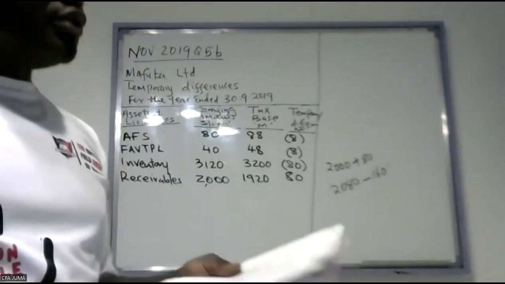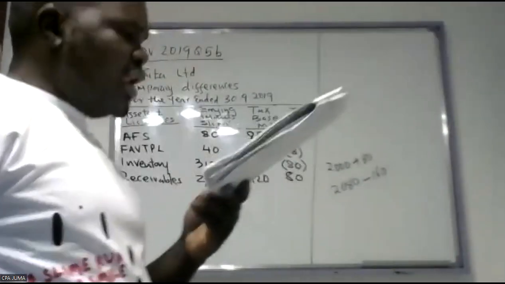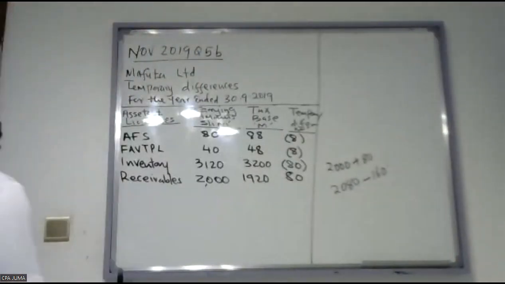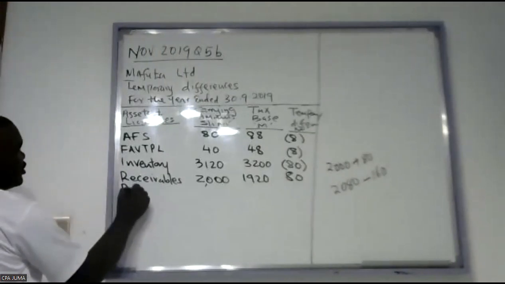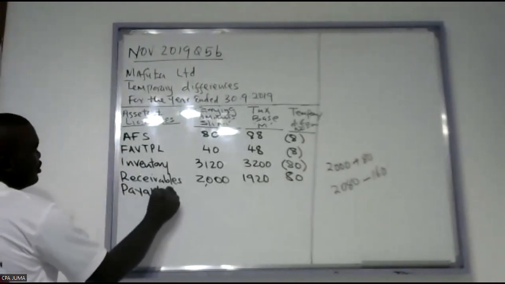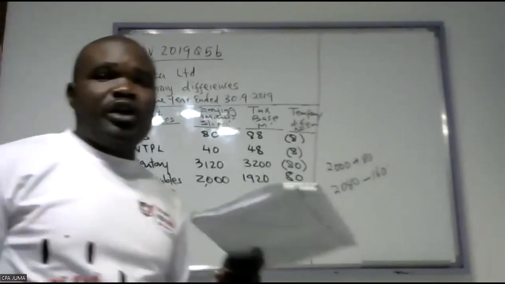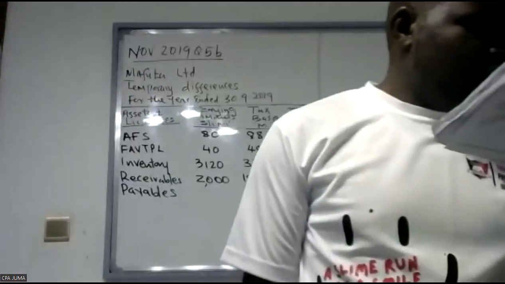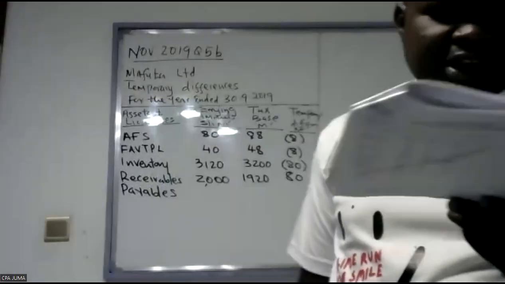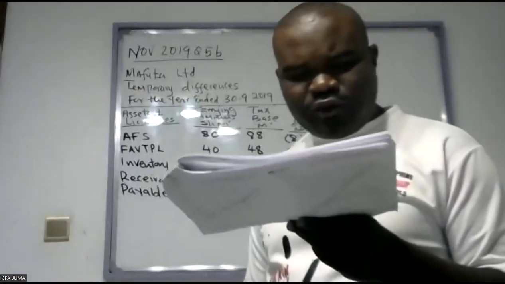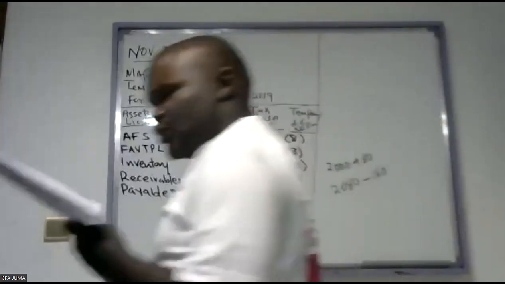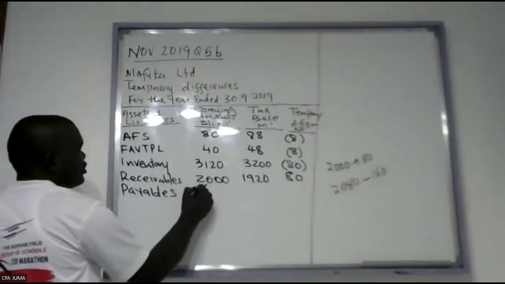Correct? We proceed. Number 4, trade and other payables. We are making payables. What about it? Payables are stated at 36 after making a provision for discount of 40. So 36.